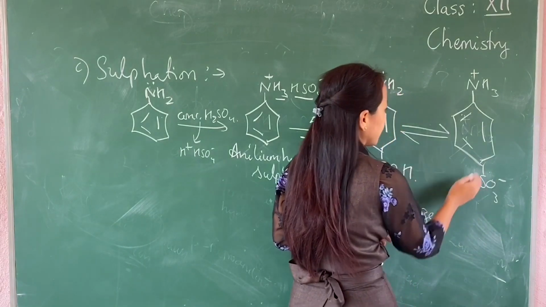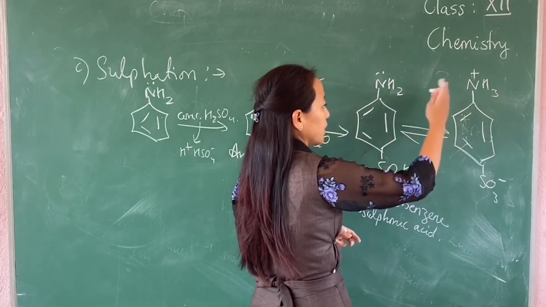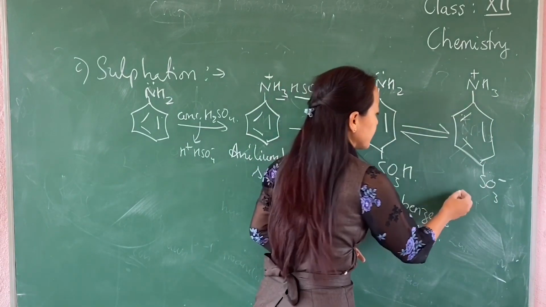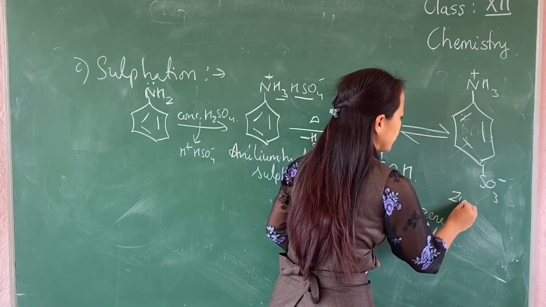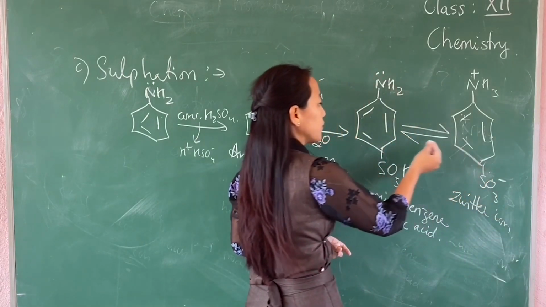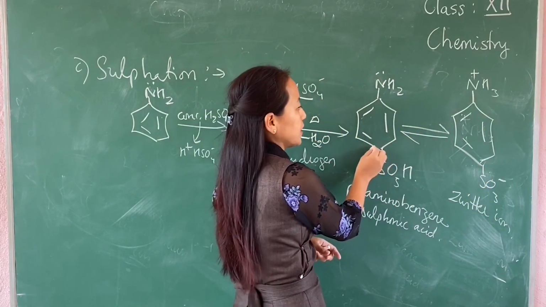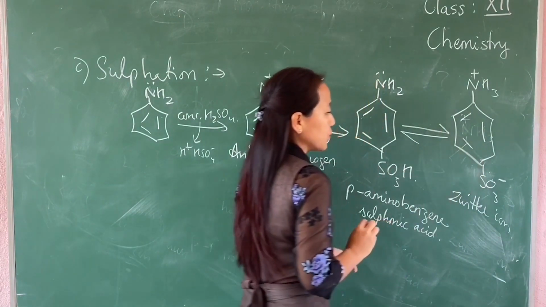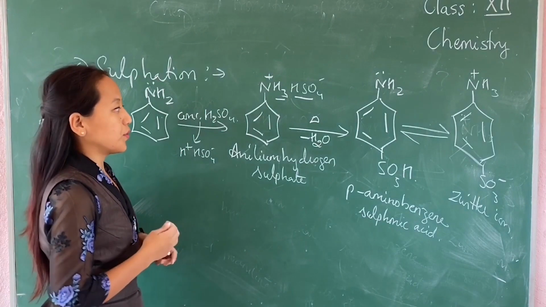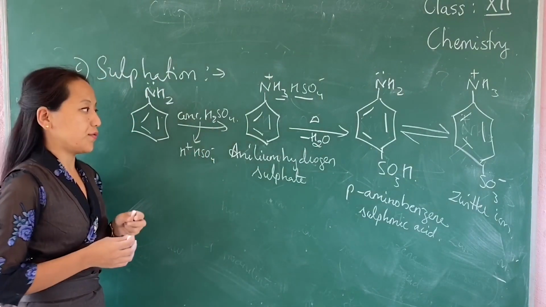So you can see that this molecule consists of both positive ion and a negative ion. So in this case, this is called a zwitterion. This can also revert back to this state, or this can also exist in the form of zwitterion. So that's about sulfonation, where you're adding a sulfonyl group by using concentrated H2SO4.